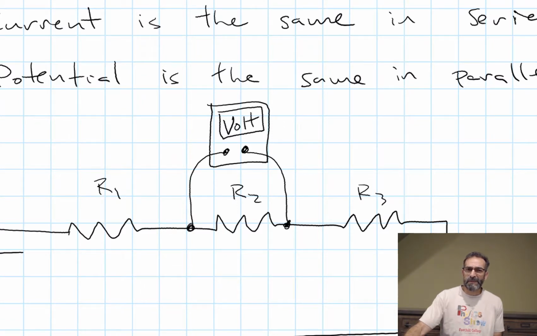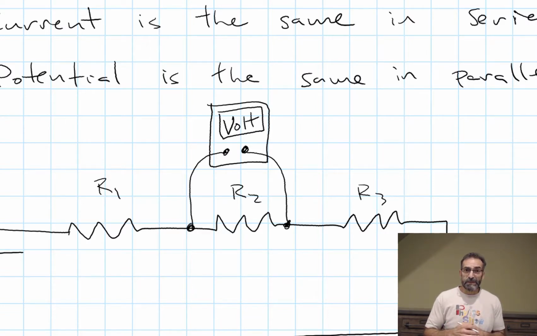Now, the problem is when we hook up something to our circuit, we change our circuit a little bit. We know that the potential difference across R2 is equal to the current through that resistor times its resistance, V equals IR.